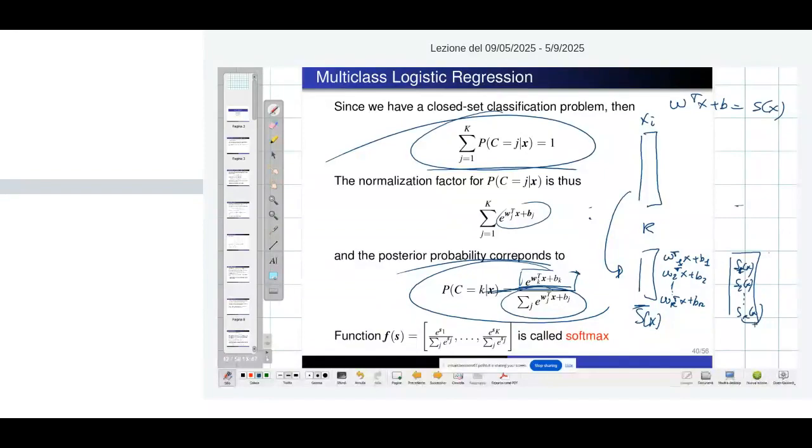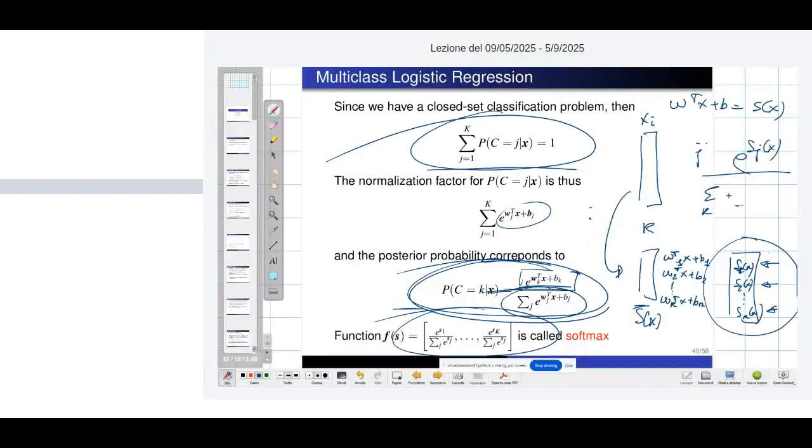And then these scores are related to the class posterior probability through a function that is called softmax. So for each class, I will compute a score, and then the class posterior probability will be what? I will take for class j the score of that class, take its exponential, and then everything will be divided by the same quantity computed for all the classes. So I take these scores, I exponentiate them, then I sum them, and then I divide each of them by their sum. This gives me the class posterior probability.